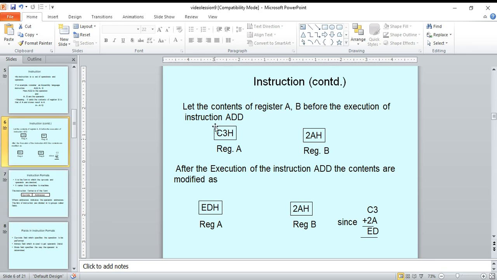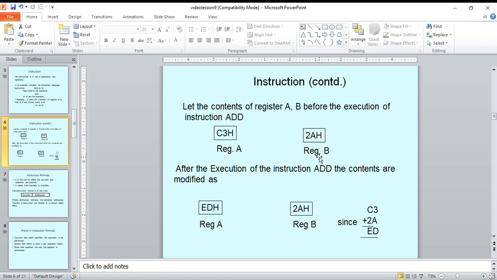For example, register A holds the value C3H. I already told you that the instruction code can be represented in hexadecimal code, so H is nothing but the data in hexadecimal representation.